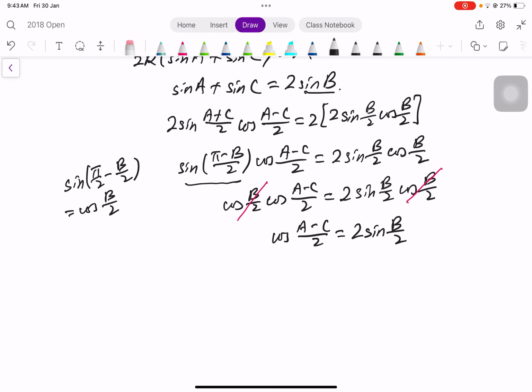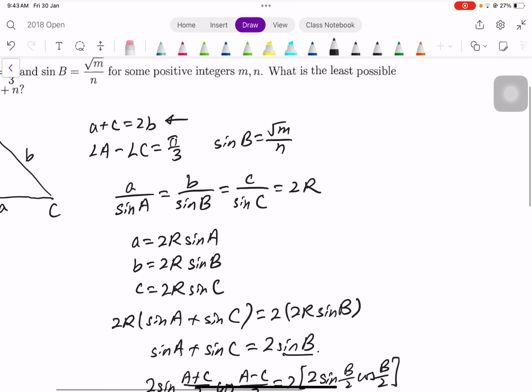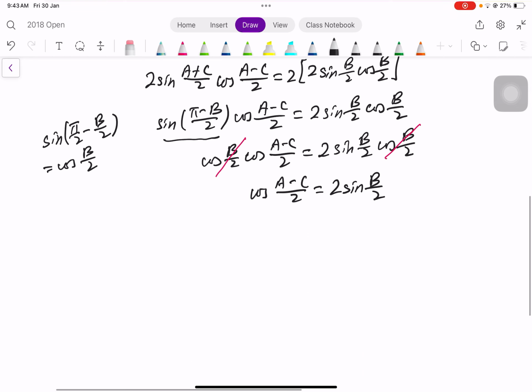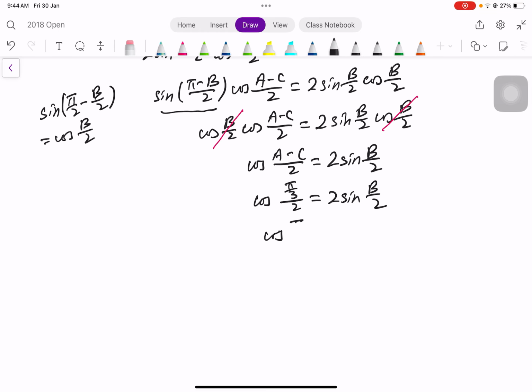You are getting cosine of (A minus C) over 2 equal to 2 sine B over 2. It is given that the difference in the angles is 60 degrees, so that is pi over 3 divided by 2, which is 30 degrees. That means this is cosine pi over 6, which gives you square root 3 over 2, equal to 2 sine B over 2.